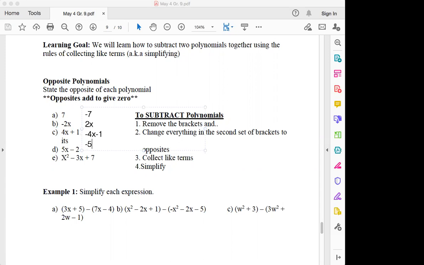This would be -5x plus 2. -x squared plus 3x minus 7. So you're just doing the opposite operation. So if it's negative, it turns into a positive. If it's positive, it turns into a negative.